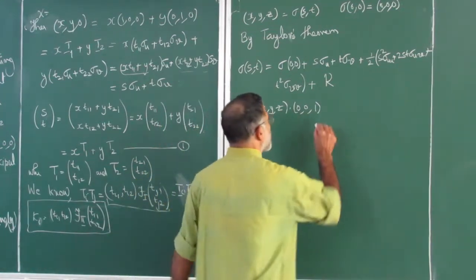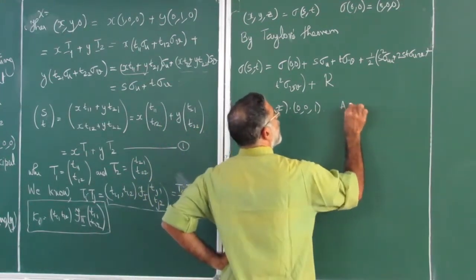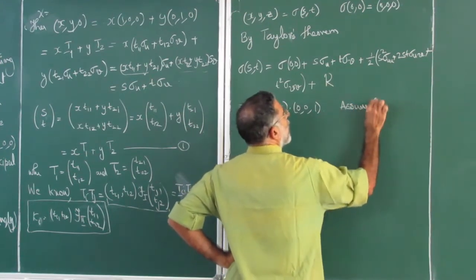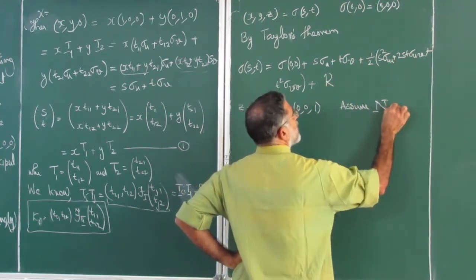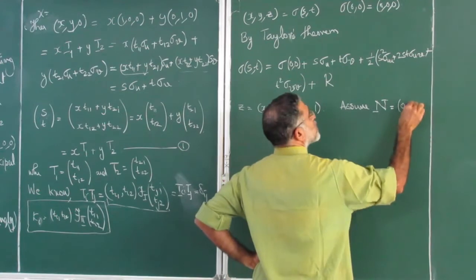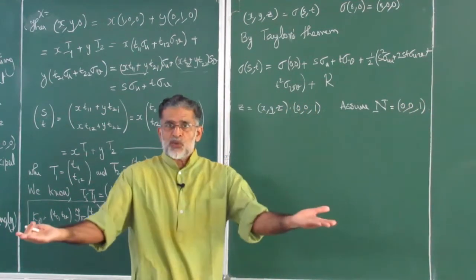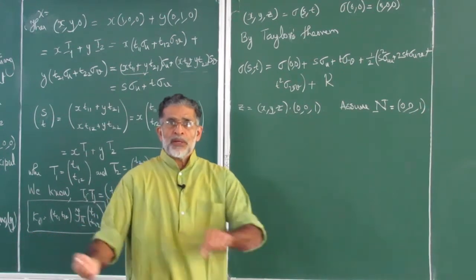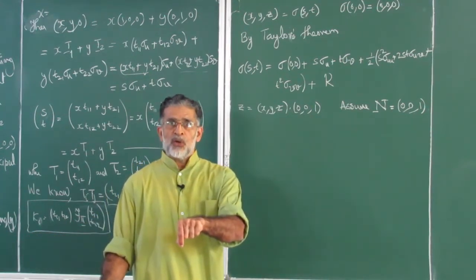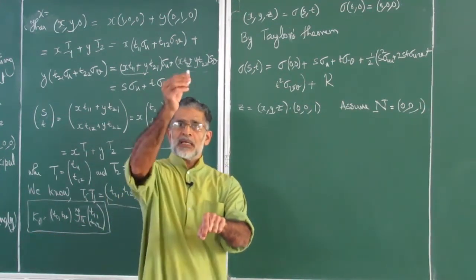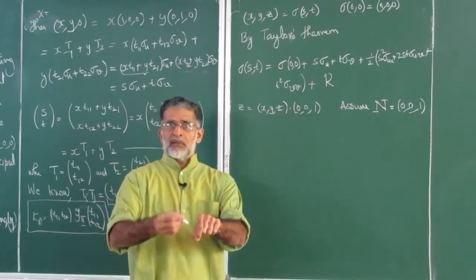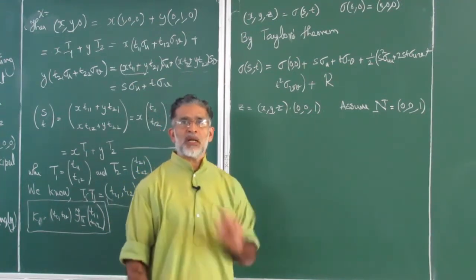So, okay, so we can assume the normal is actually equal to 0, 0, 1. Your tangent plane is the XY plane and you are working at 0, 0, 0. So the normal is going to be either upward along Z axis or downward along Z axis.